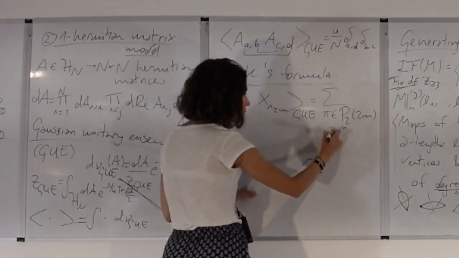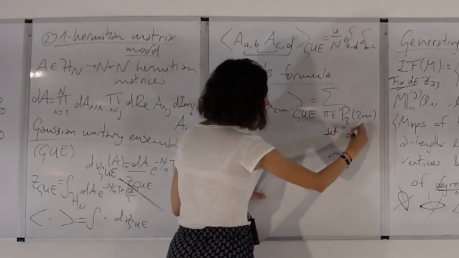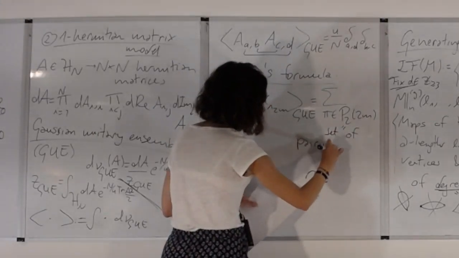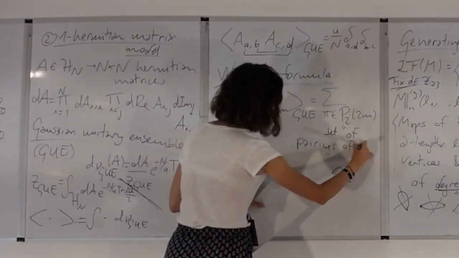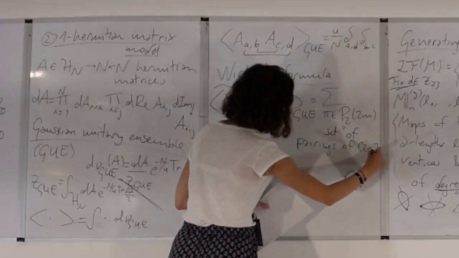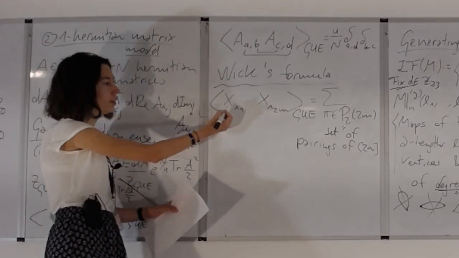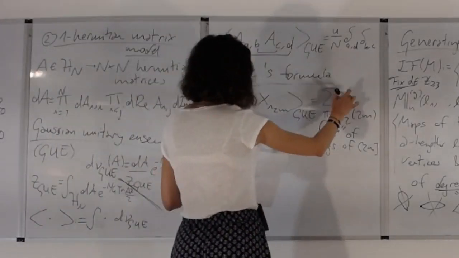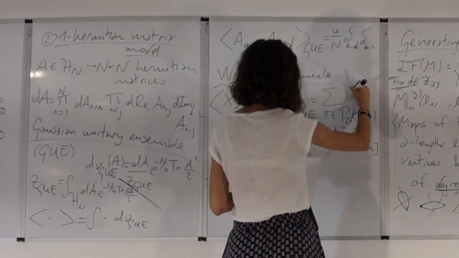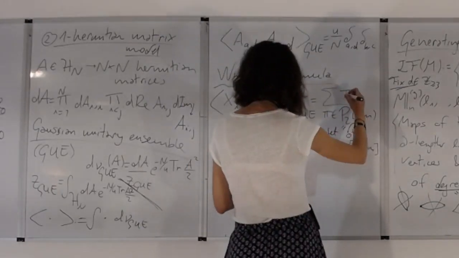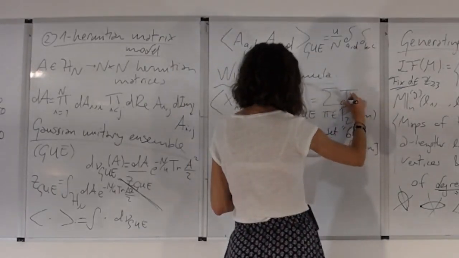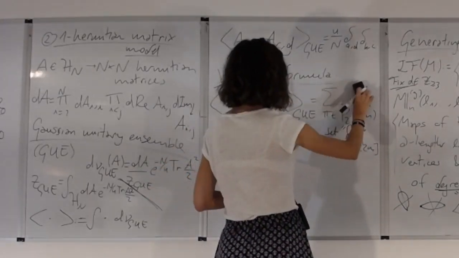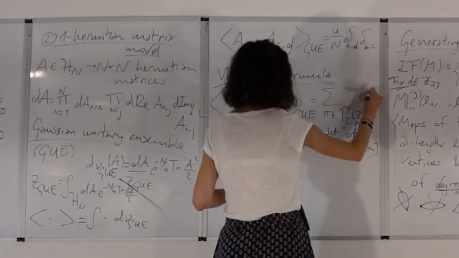This is the set of pairings of the set 2M. So I'm pairing all the indices in here in all possible ways. And then I take the product of R, this is too small, right? Okay, I will continue here.